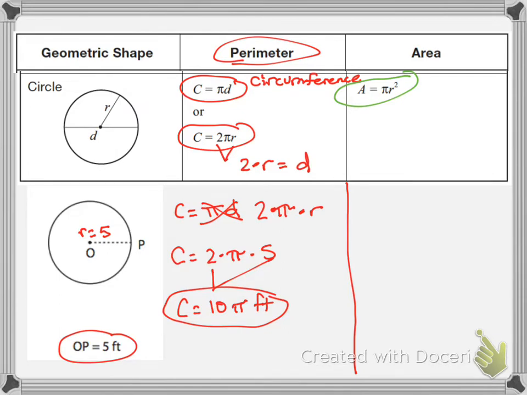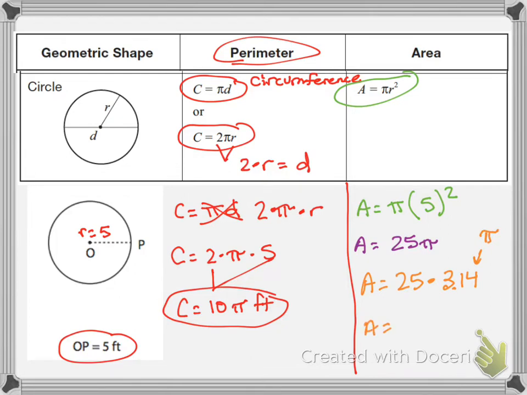All right, so area is my pi r squared, and my radius is 5. So if I were to leave this in terms of pi, I would have area is 25 pi, and I could be done. Or I could punch that into my calculator as area is 25 times 3.14, or hit the pi button in your calculator, which is what I'm going to do.